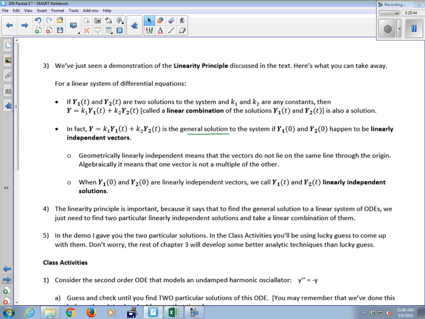In the demo today, I just gave you the two particular solutions, y1 and y2. In the class activities, you're going to be using lucky guess to come up with them. But don't worry, the rest of chapter 3 is going to help us develop some better analytic techniques than smart guessing. But today, that's all we have.